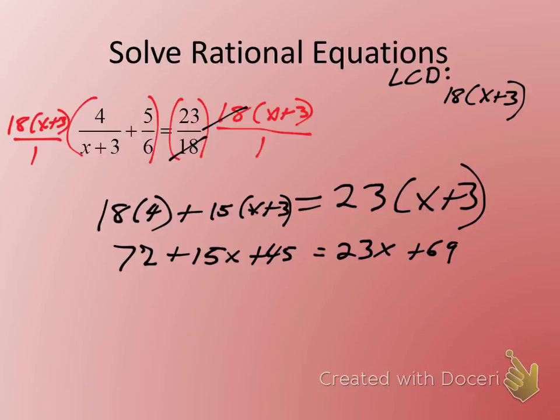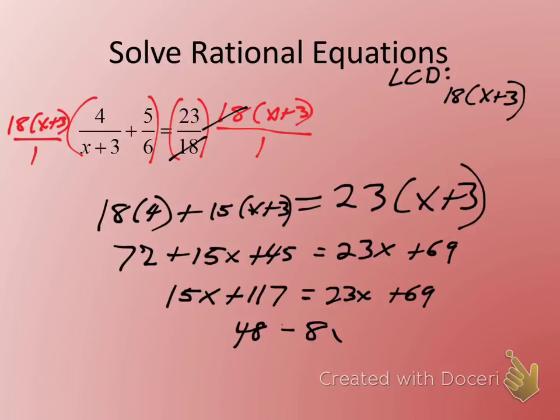You've got like terms on the left, so 15x plus 117 equals 23x plus 69. I move the 69 over and subtract the 15x over here to give you 48 equals 8x. Divide by 8, and x equals 6.